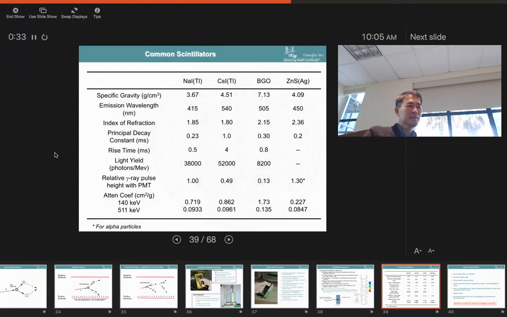There are a lot of different scintillators that are very actively used. SPECT imaging, PET imaging, and also CT and X-ray imaging all use a scintillator as a stopping material, converting high energy X-rays and gamma rays to something we can detect with conventional photodetectors.